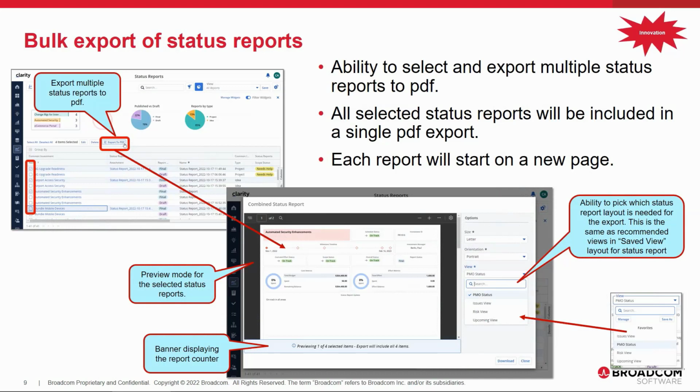Once selecting that view, the user will also see how many reports they are previewing, and then they can click on download, which will then have a downloaded copy of that report available that they can then access via the bell icon.